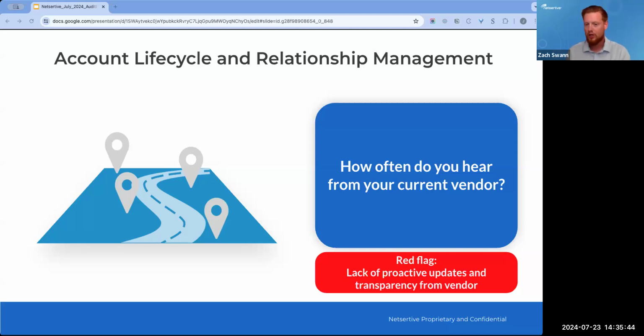But I would also say the frequency of the touch points isn't always the most important thing either. It's also the content. We don't look at these sorts of conversations as just a reporting of the facts. That is part of what we do. But also it is, what are we recommending that we should do to drive more results, or where should we pivot from here, or what should we be testing? The other thing that we like to talk about is what's going on in the landscape.